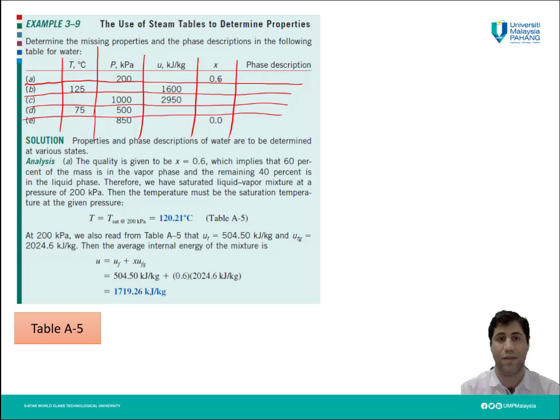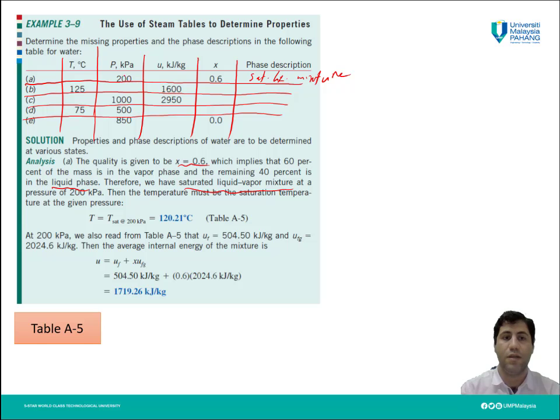This is what we can understand from X for this state. And 40% of that is in liquid phase. Therefore, we have saturated liquid vapor mixture. So we should write here saturated liquid vapor mixture for this.